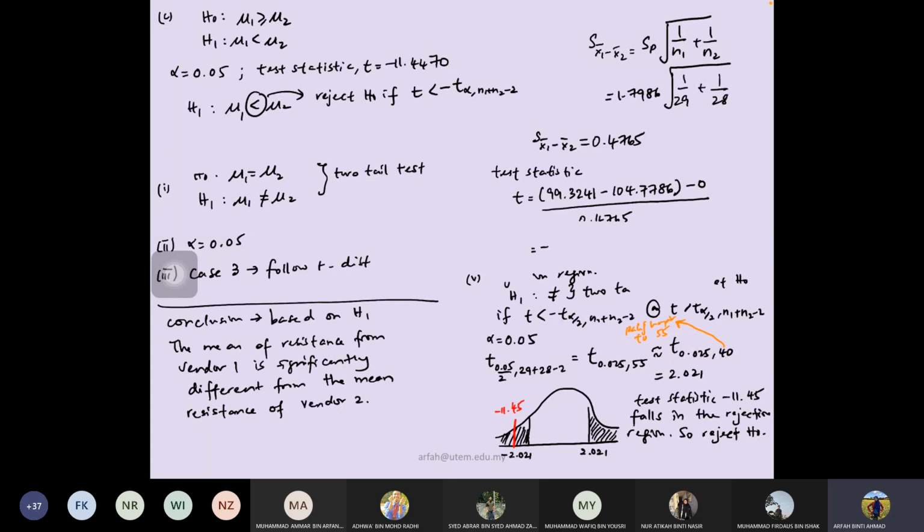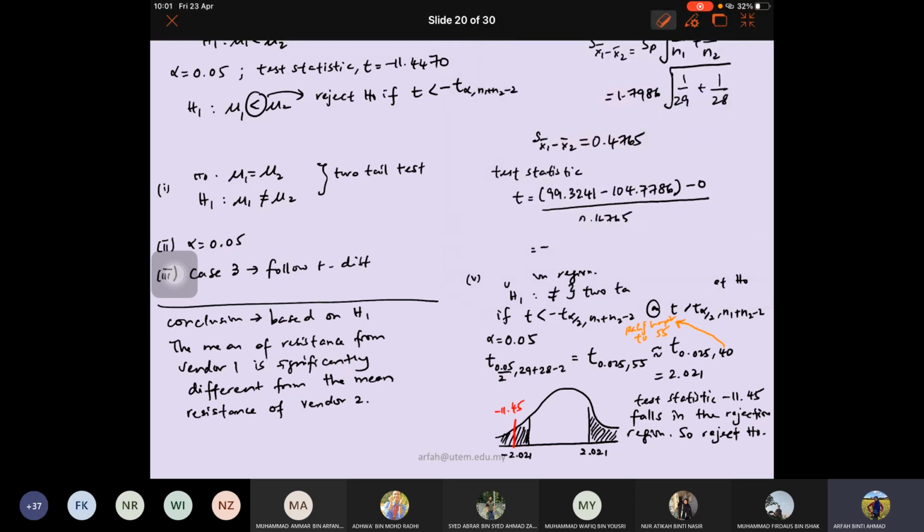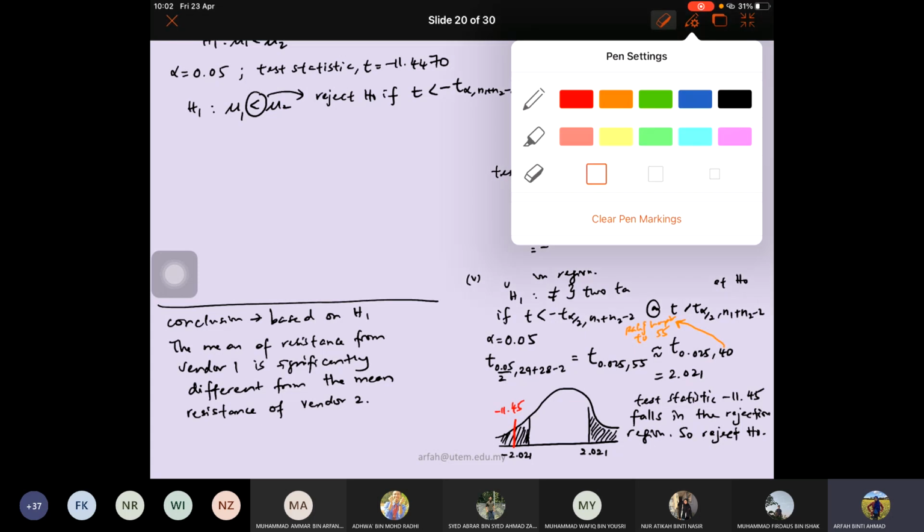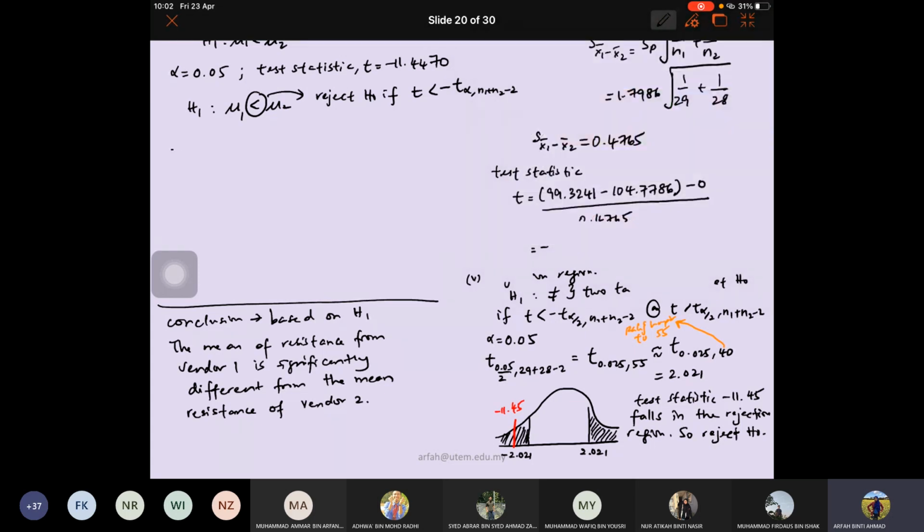So find T alpha, n1 plus n2 minus 2. So T 0.0555. Look at the table, you will find the closest is T 0.0540. So the closest negative is negative 1.684, negative of T.